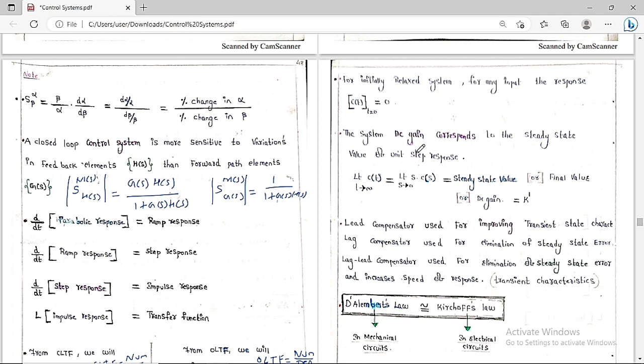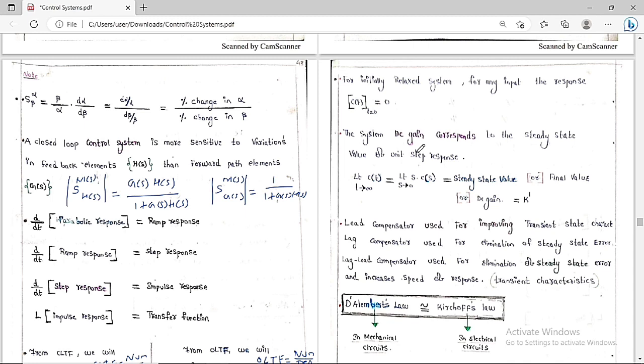In simple words, suppose for an initial relaxed system you give any arbitrary input. As the system is a relaxed system, definitely the response at t equal to 0 is always 0, means it is going to start from 0 always without any non-zero value. That is the basic meaning of the initial relaxed system.